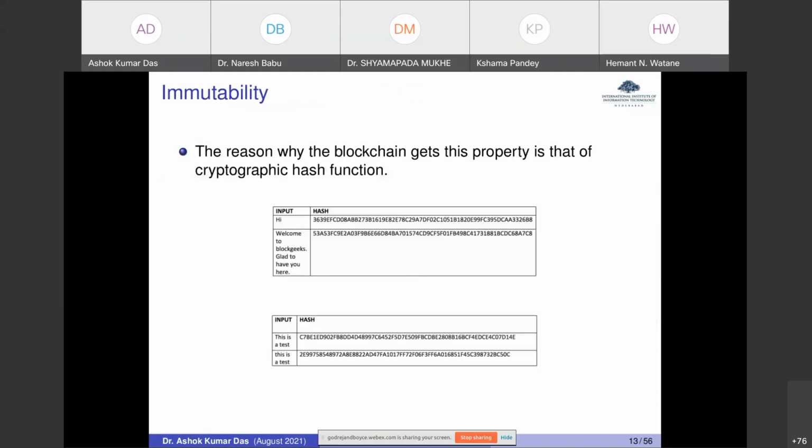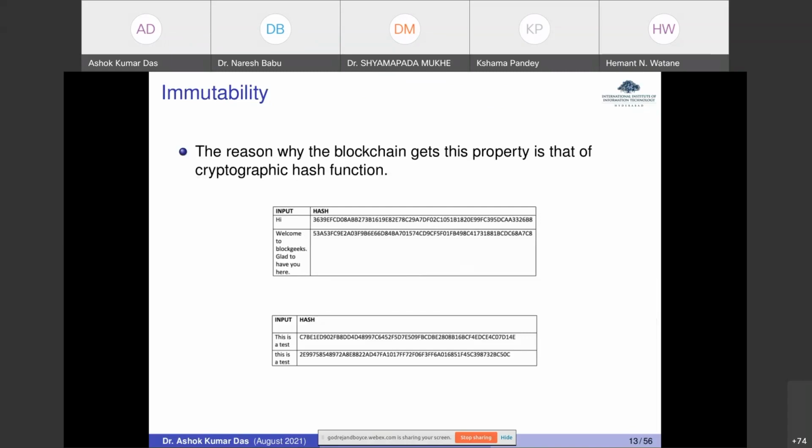Now we'll see one example. Here, cryptographic hash functions can be applied in order to achieve the immutability property.